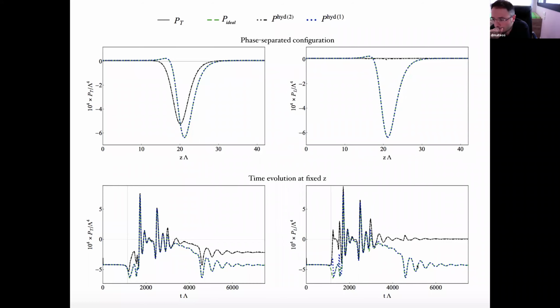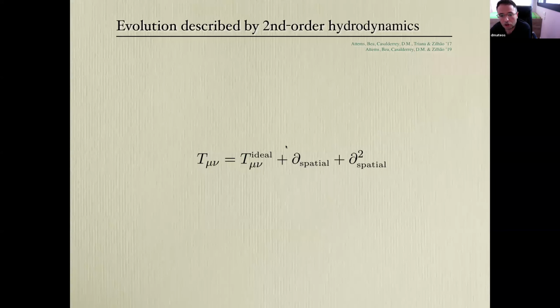This is something that you should have expected from first principles. The reason is that, at least in the phase-separated configuration, you know that it's an equilibrium time-independent configuration, so all the velocities are zero. That means that all these terms, which are proportional to the velocity or gradients of the velocity, vanish identically.